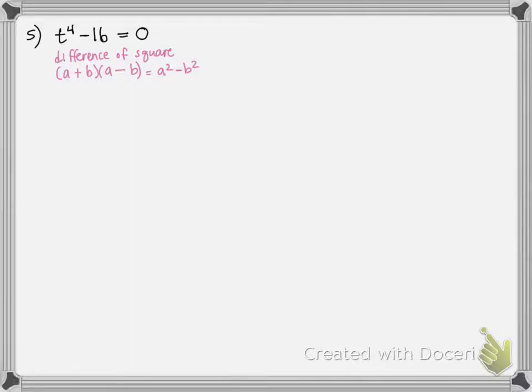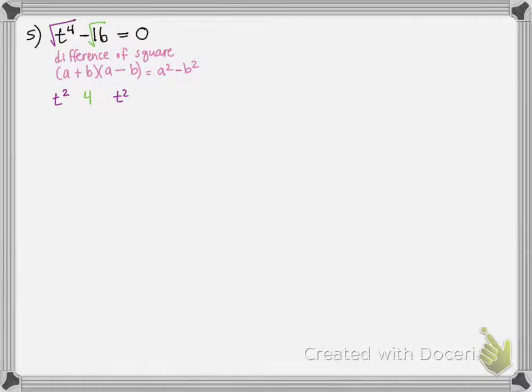First one is, I'm going to go ahead and take the square root of each of those numbers. That's going to be a t squared. Now that's going to show up 2 places. Okay, then I'm going to take the square root of 16, and that's 4.